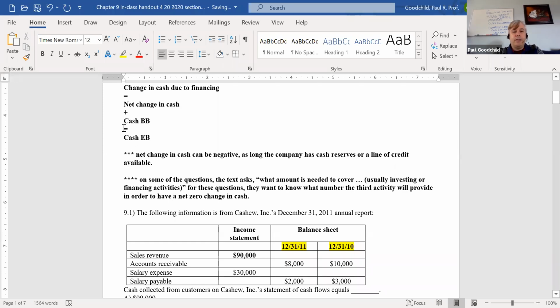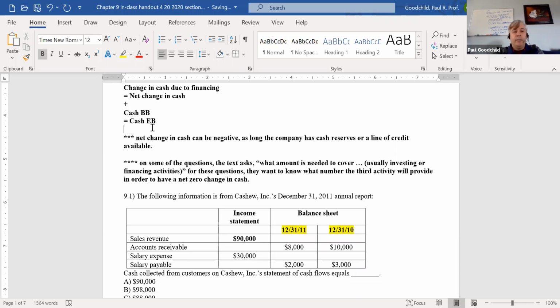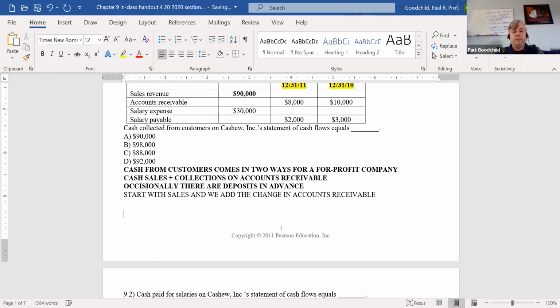I'm trying to get this all on one page, so I'm going to move a couple of those up to give us more room. So we had 90,000 in sales, plus a $2,000 decrease in accounts receivable. It went from 10,000 to 8,000.